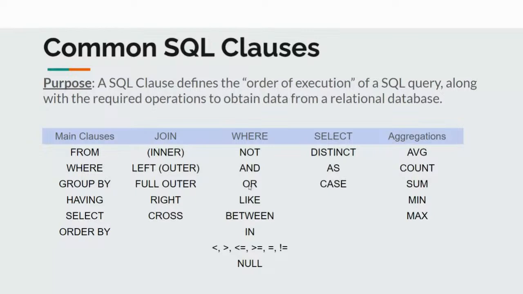And that would combine both of them. So and is you have to meet both conditions, or is that you meet either one. We'll use like statements later. Those are specific to where the country is like United, and then you get United States. It can be between values, in a set of values.